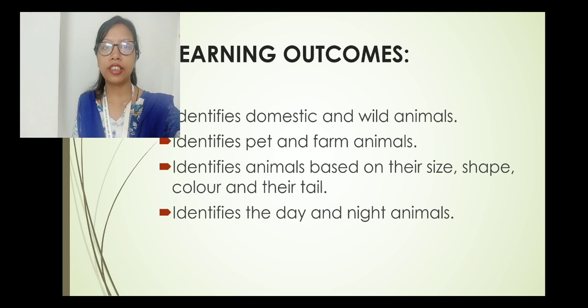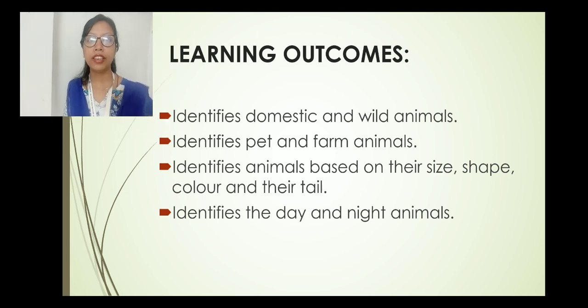Before moving towards the book part, let us discuss the learning outcomes. After the completion of the lesson, after the explanation and discussion, we will be able to identify the domestic and wild animals.